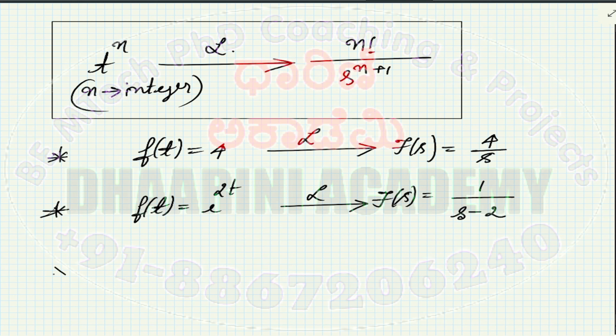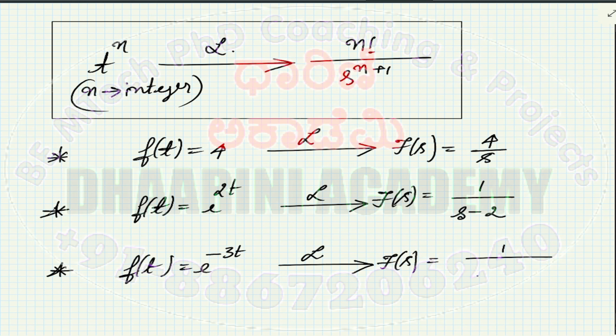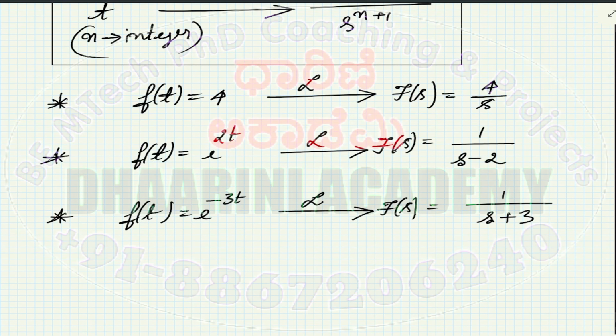All right. Similarly, the next one is f of t is equal to e to the minus 3t. What happens to the Laplace transform? From the table, we know that if it is e to the minus at, this is 1 by s plus a. So a is equal to 3. So this is the answer. All right.